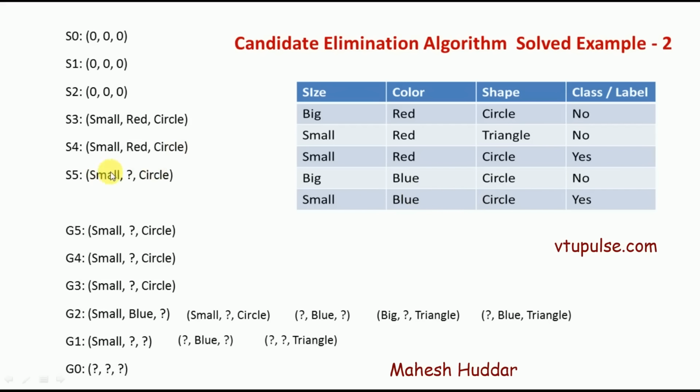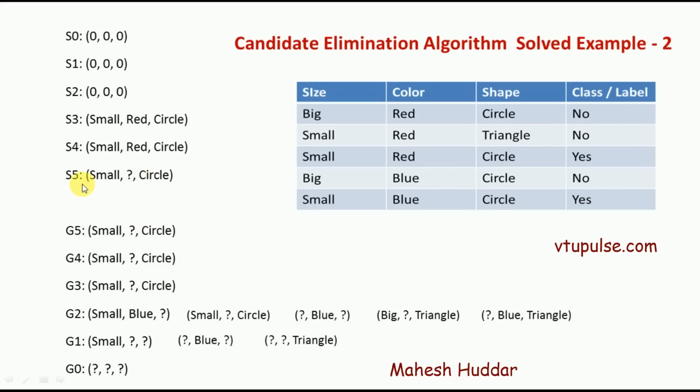We got one hypothesis at the specific boundary, one at the generic boundary. Now we will check whether it is possible to write one more hypothesis with respect to these two. We will try to find the first mismatch. There is no mismatch in these two hypotheses, so we will not be able to write any hypothesis from these two. One more thing we can notice is that the specific boundary and generic boundary both of them are set to the same hypothesis.